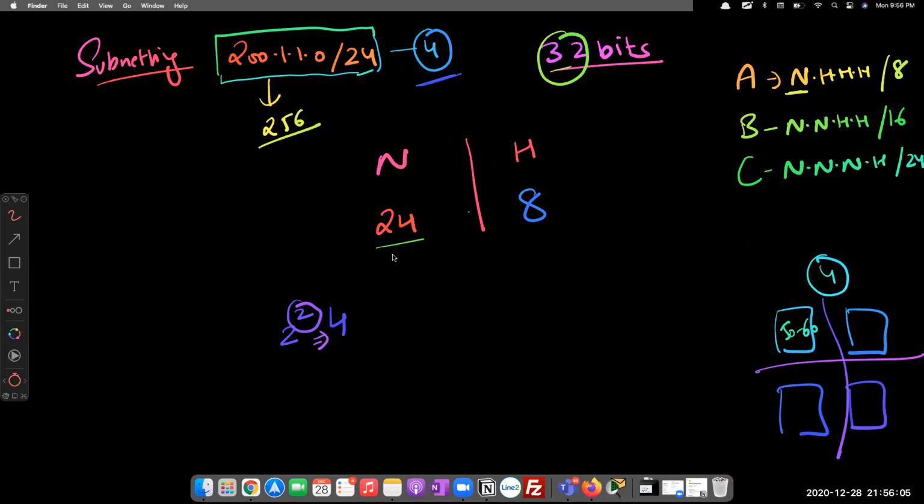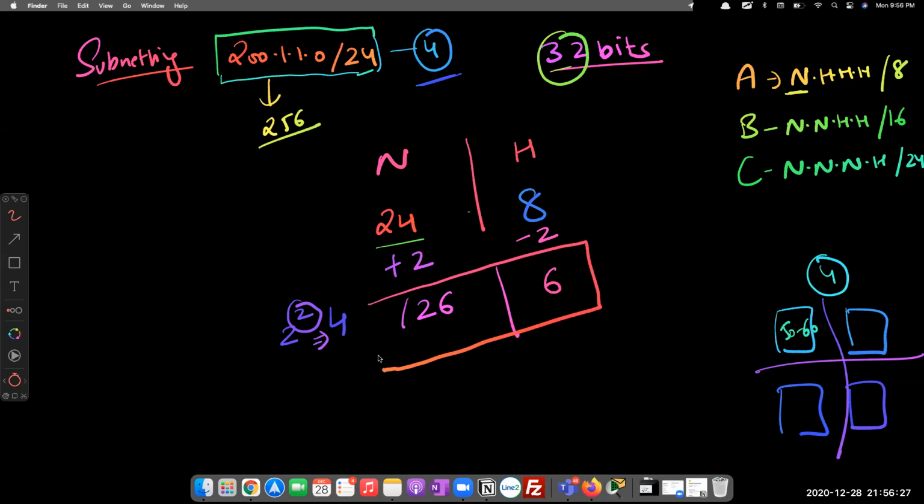So it means we will add 2 here. It means we will have 26 here. Okay, very simple. And from where will we get this 2? When we reduce 2 here. It means 6 host bits. So when we want to divide this network into 4 parts, my network bits will be 26 now instead of 24, and I have reduced 2 here.